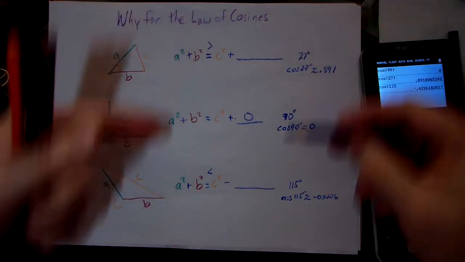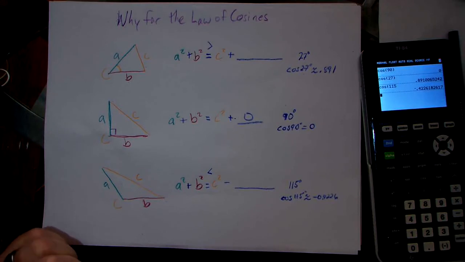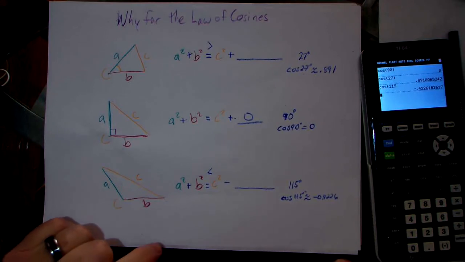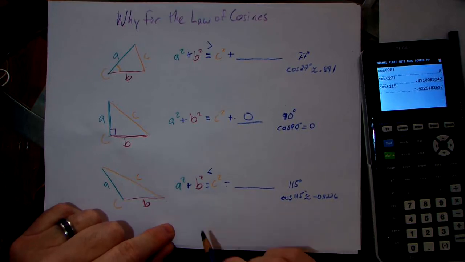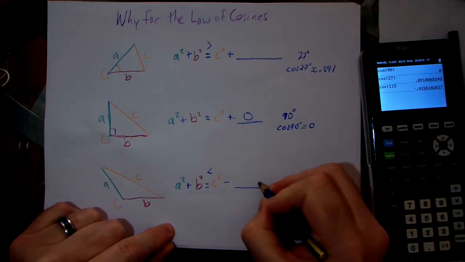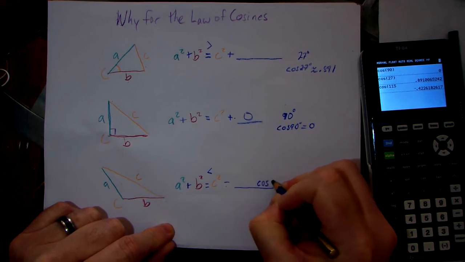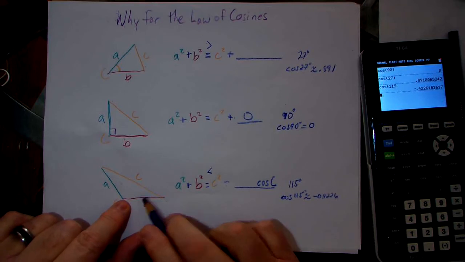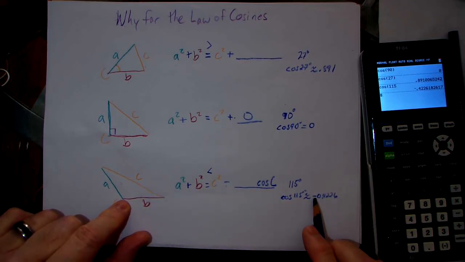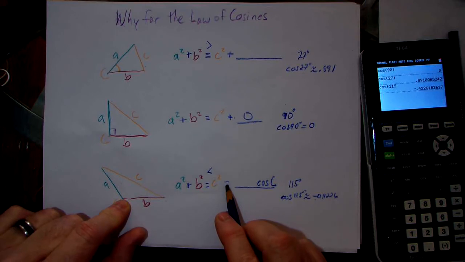So as I'm looking at what we've got up here, I wanted this to be a subtraction. If I had the cosine of C in here, if it's an obtuse angle, the fact that it comes out as a negative number is going to undo this negative.